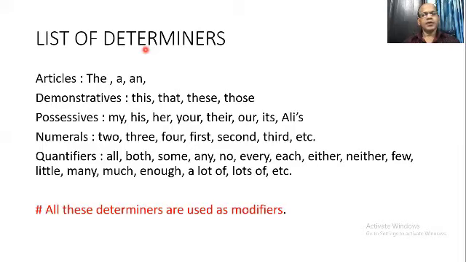Now let us look at the list of determiners. You see these words are called determiners. Articles are there.